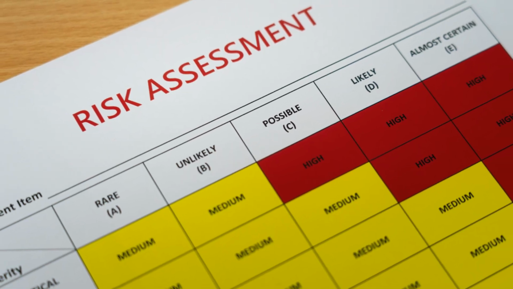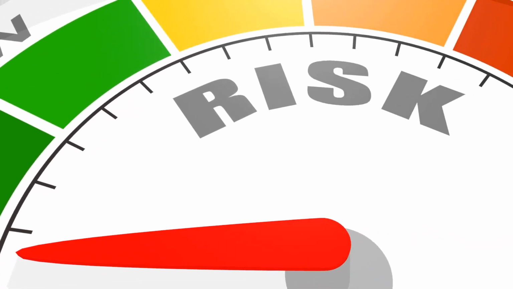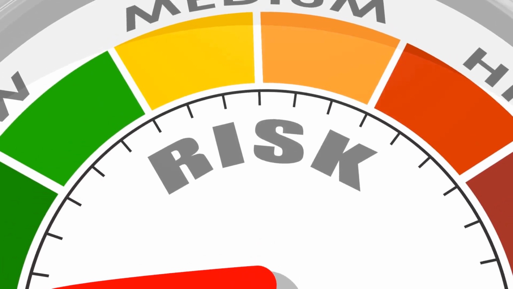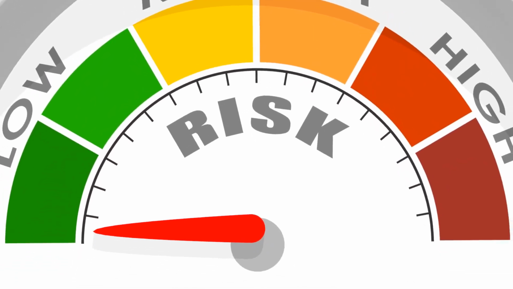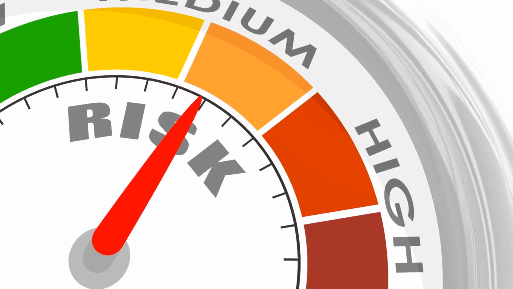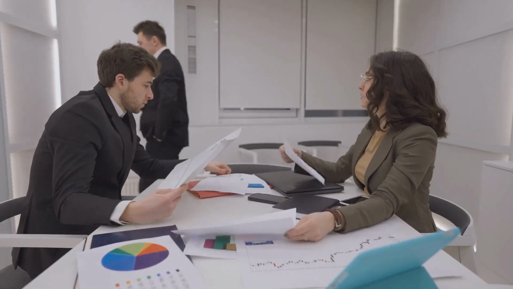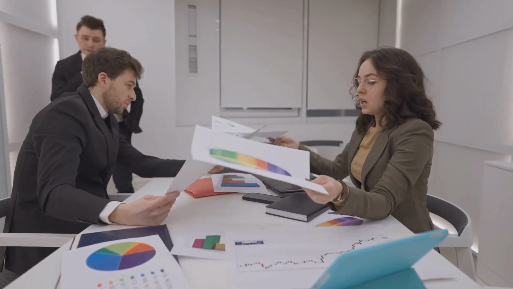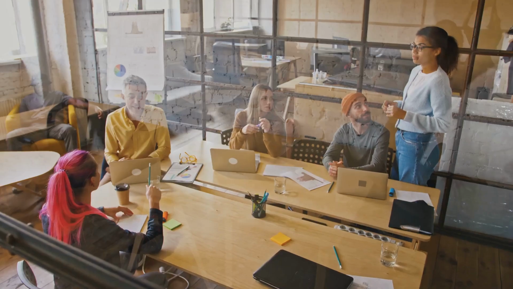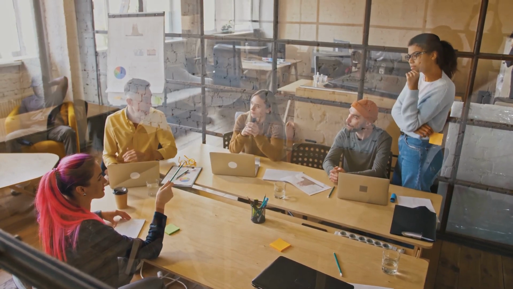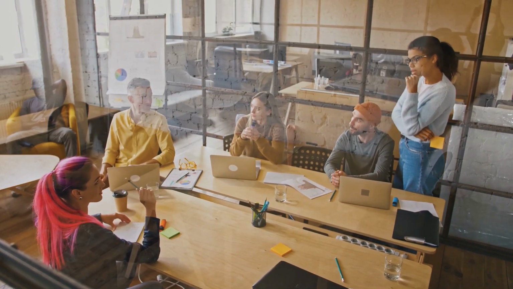To make this visually clear, use color coding. Red flags high risks, orange indicates medium risk, and green points to low risk. Place each identified risk on the matrix according to its evaluated likelihood and impact. The matrix will help you prioritize, with the highest risks demanding immediate attention.